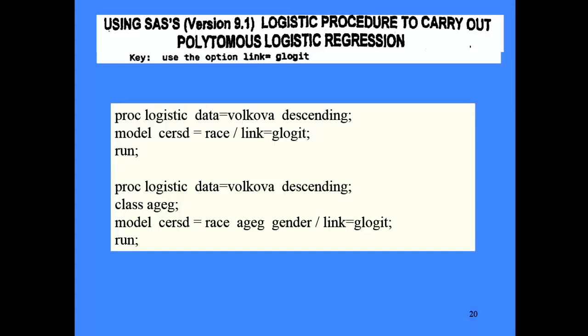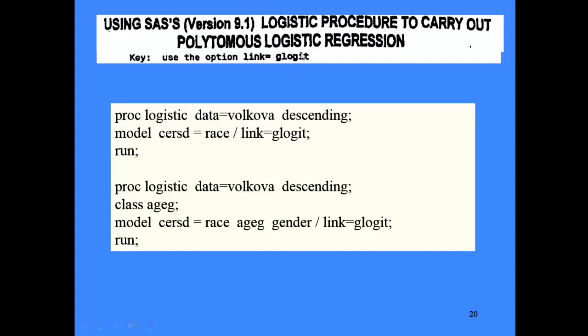The difference between what's written here and when you're doing binary logistic regression is this extra option, link equal to G logit. That's the key thing you have to write if you want to do polytomous logistic regression. You say slash link equal to G logit, and that tells Proc Logistic to do a polytomous logistic regression and get all the output I showed you before.